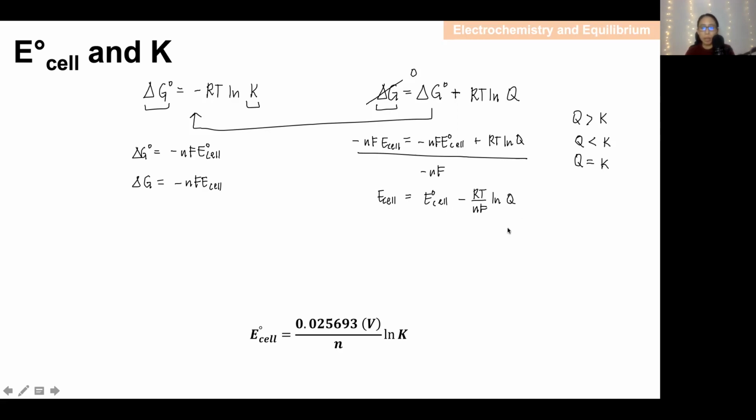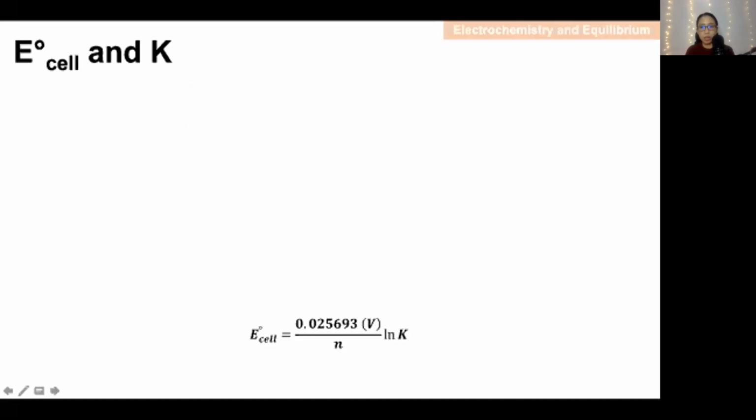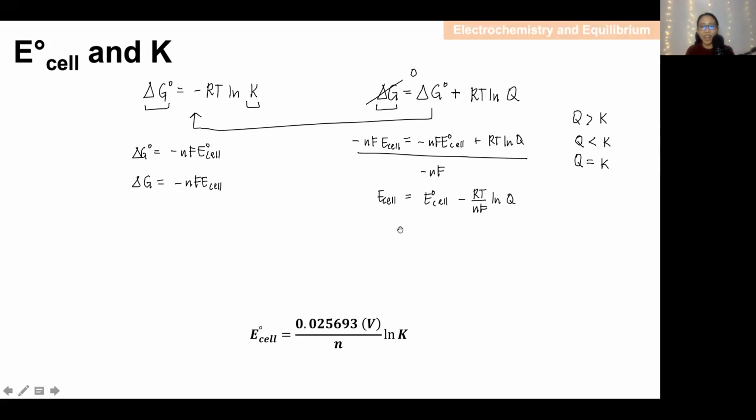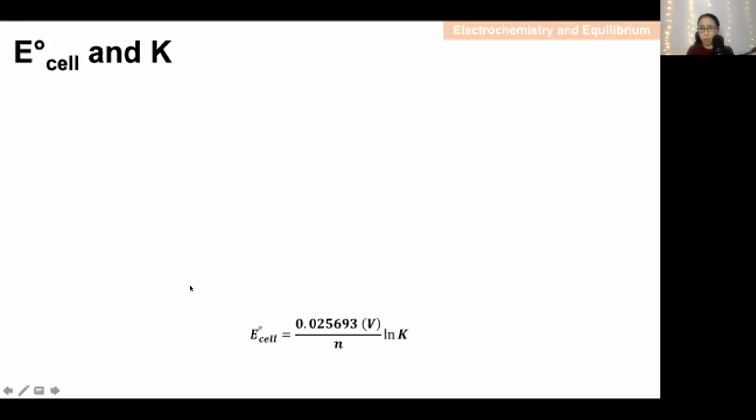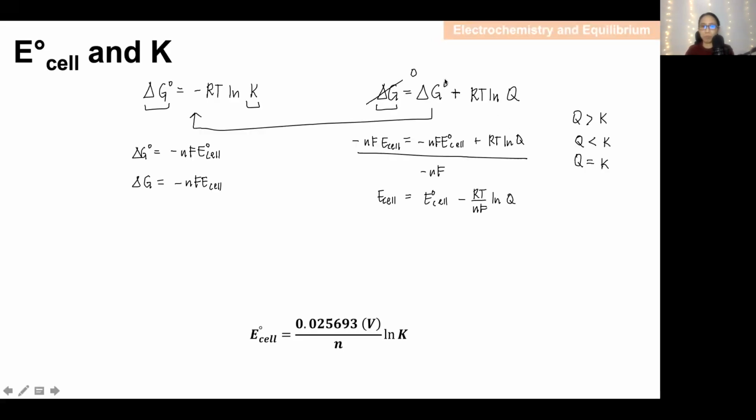Now, this is actually what we call the Nernst equation. This was proposed in 1889 by Walther Nernst. And this is where we see the concentration dependence of our cell potential. Previously, class, we learned that if your reaction is at equilibrium, your E cell is equal to 0.